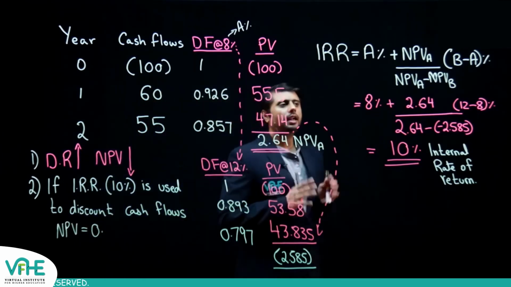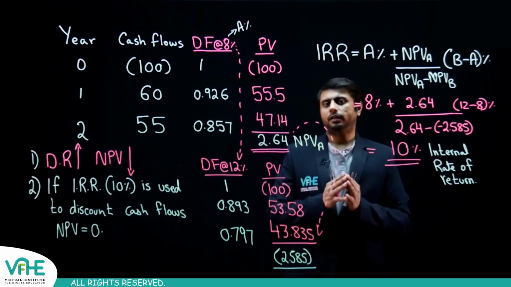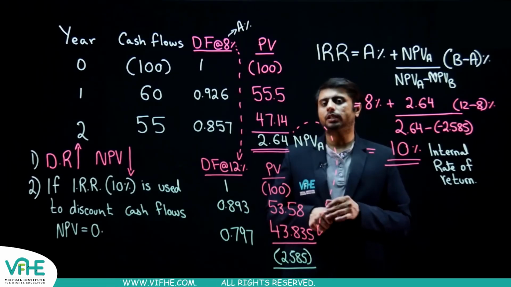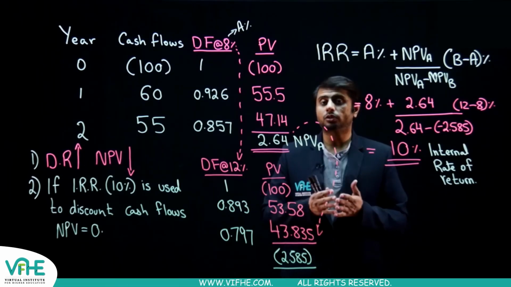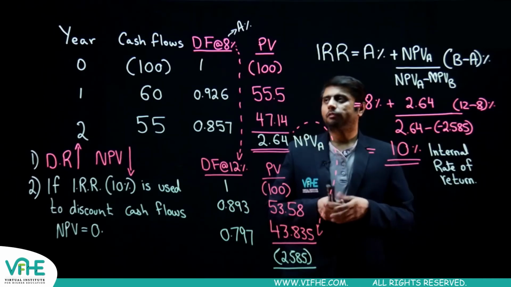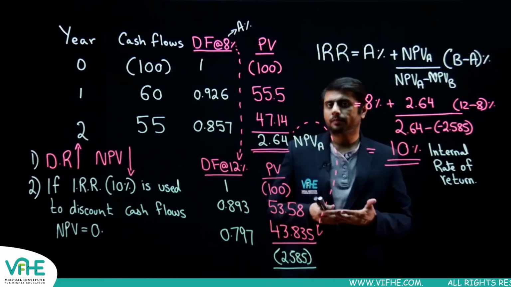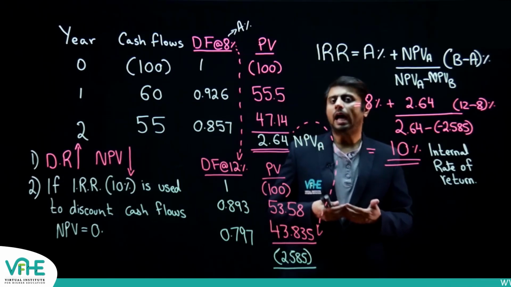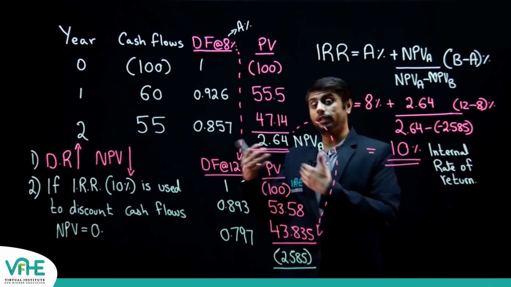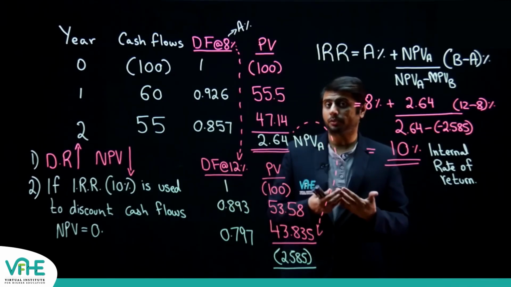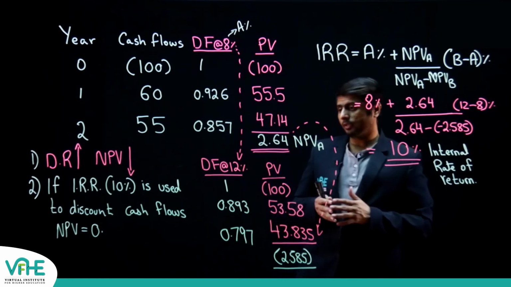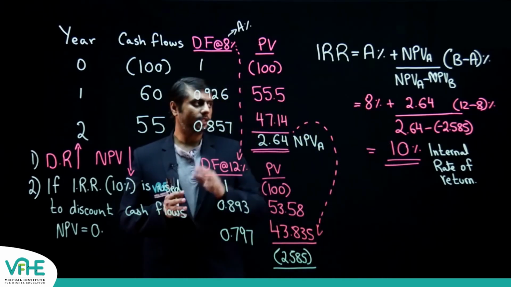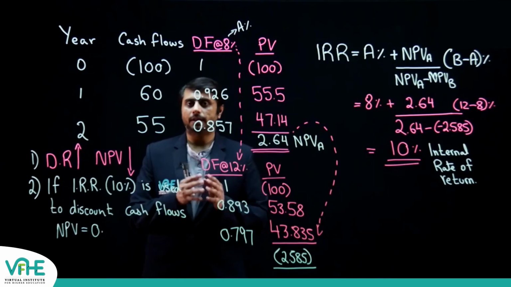Over here, I have briefly recalled what the IRR calculations looked like. We will do more complex cases. We will discuss advantages and disadvantages of this method and compare it with net present value in our future videos. The first step over here was just to make sure that you recall what these calculations looked like.